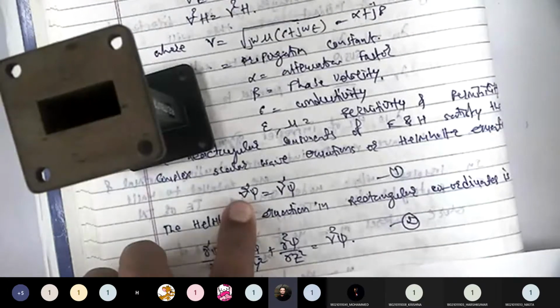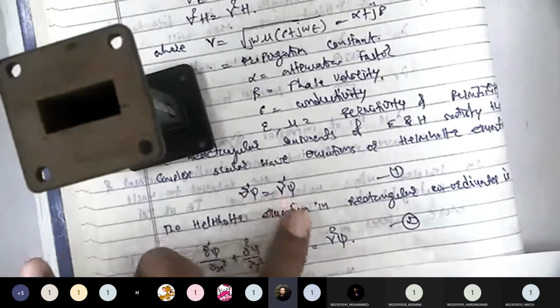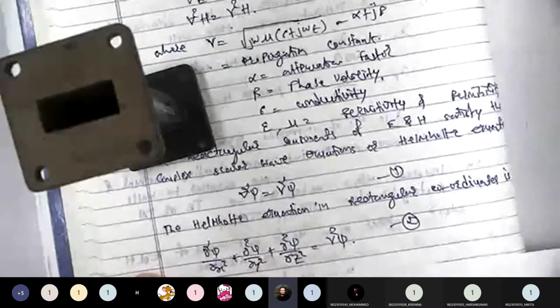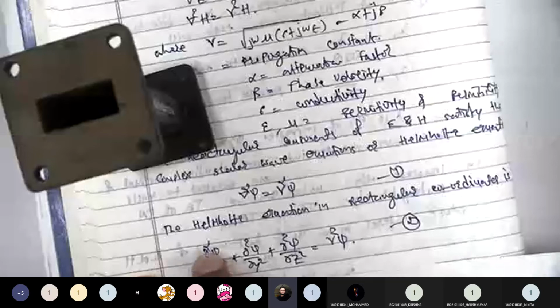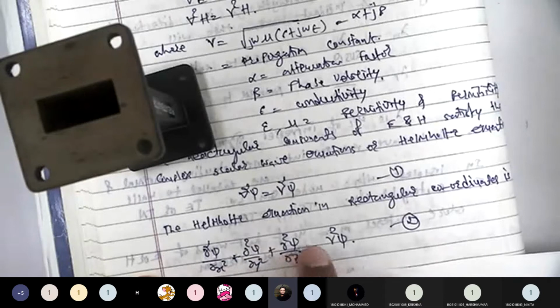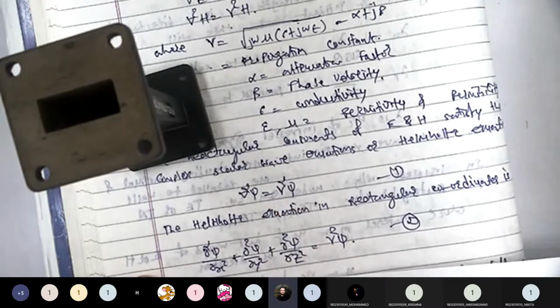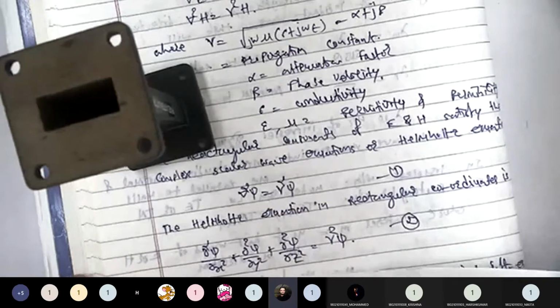So del square psi is expressed as del square psi by del x square plus del square psi by del y square plus del square psi by del z square, and that is equal to gamma square psi. This is the same as our equation 1, only I have moved the del square to the left side.